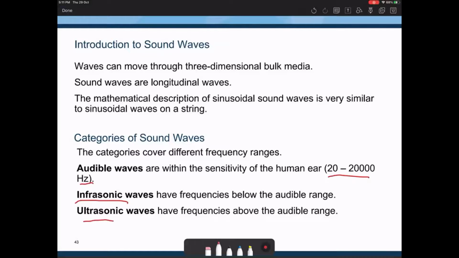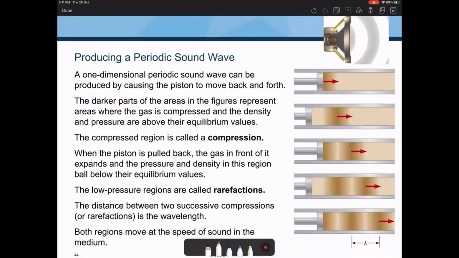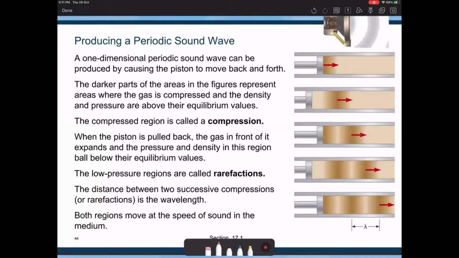But here we try to understand the sound in general, which is the longitudinal wave that exists in air due to the compression and the rarefaction of the air particles. So you have the transmission of the sound wave due to the continuous compression and rarefaction of the air particles.